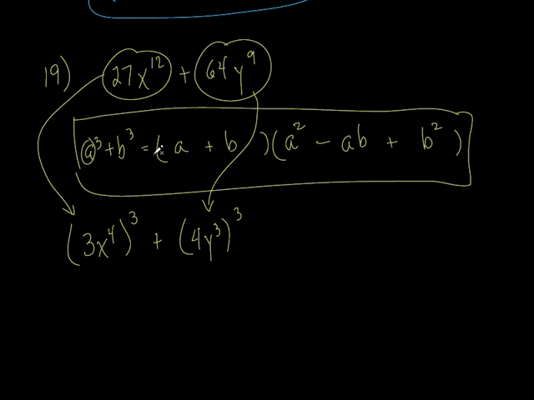So in this little formula in the box, this 3x to the 4th is acting like our a. This 4y cubed is acting like our b. So all we do is just plug this in for a and plug this in for b. Alright, so here's our little formula. So let's do it. Give myself a little more room here. Put the signs.